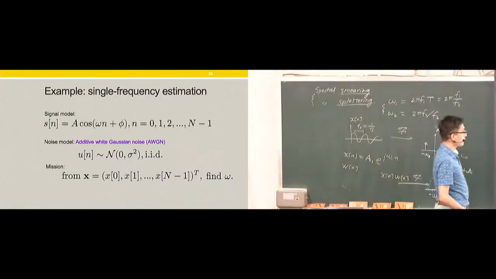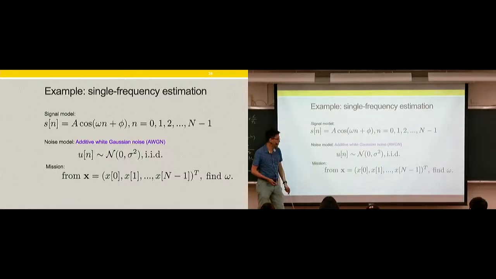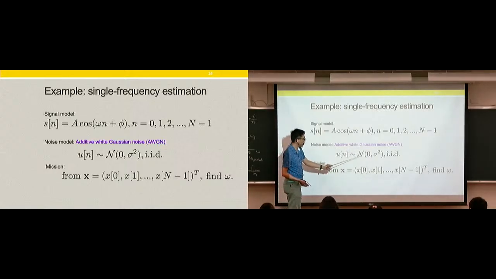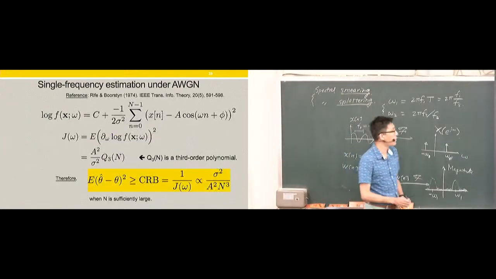We take an observation of a block of n samples, so x becomes a column vector in a high-dimensional space, and u is Gaussian normal noise, IID. A very simplified scenario. And then you just apply the formula.